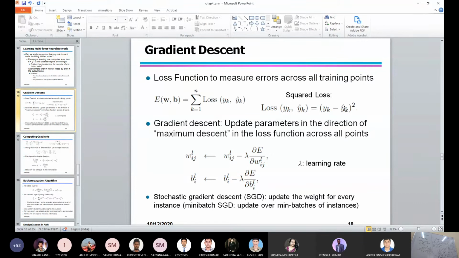Having known this loss function, which is the squared loss function, now we will approach the gradient descent approach. In gradient descent, as the name suggests, you update the parameter in the direction where the gradient is negative. There is also something called gradient ascent, but we use gradient descent.